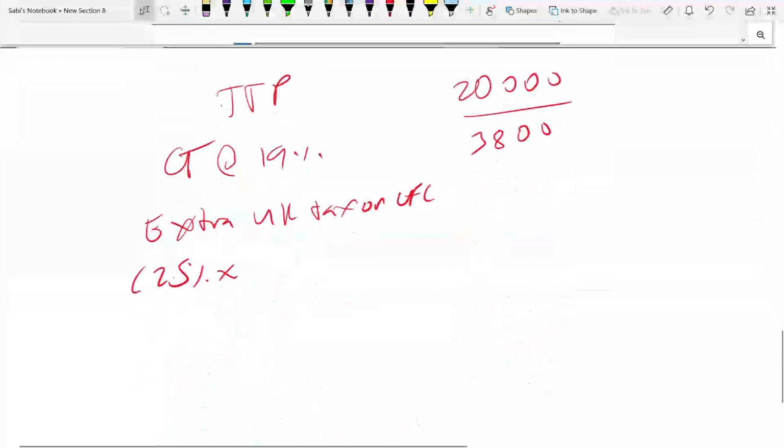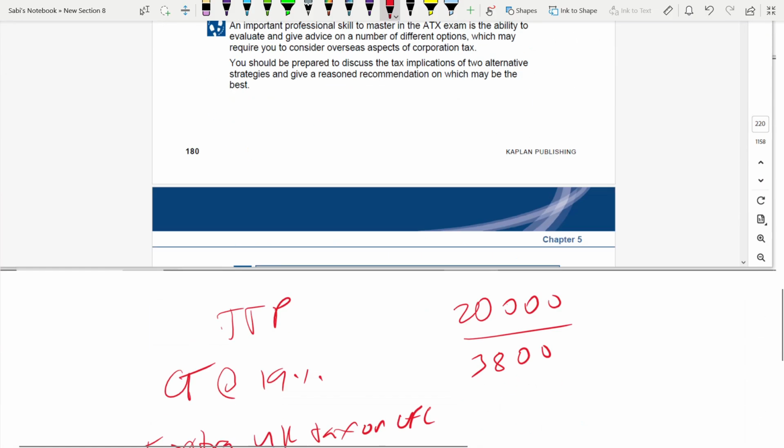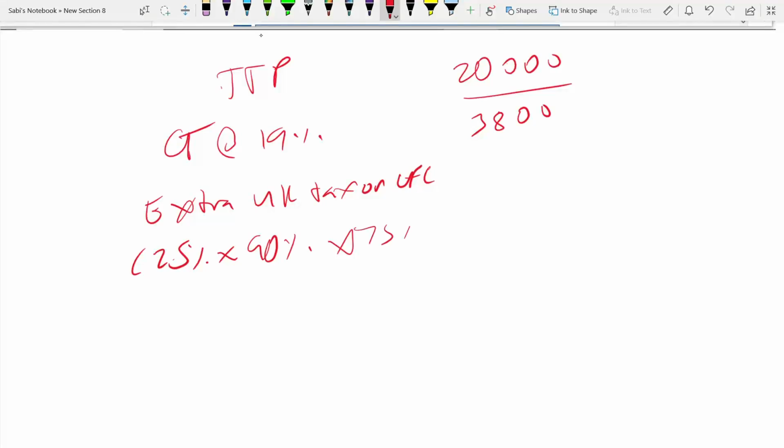So it's 90% multiplied by 75%, into 600,000. What is the profit here? See, they told 75% is caught by CFC legislation, only 75%, and profit is 600,000. Okay, so 75% into 600,000, the whole thing will be equal to 101,250.